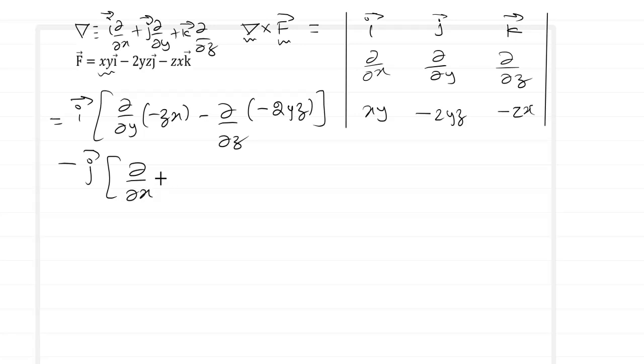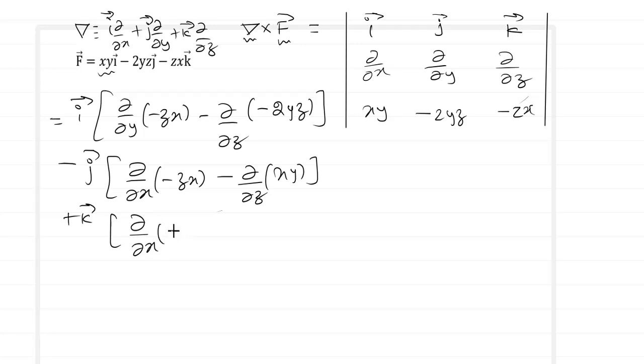Dou by dou x of minus zx minus dou by dou z of xy. Next, k times of, hide your k row, k column: dou by dou x of minus 2yz minus dou by dou y of xy.